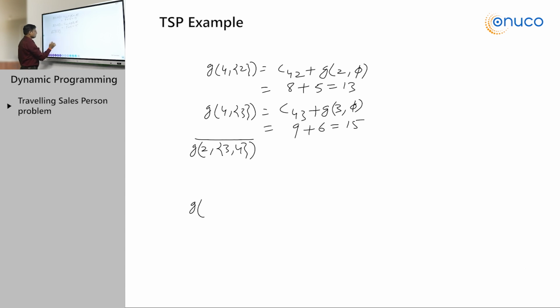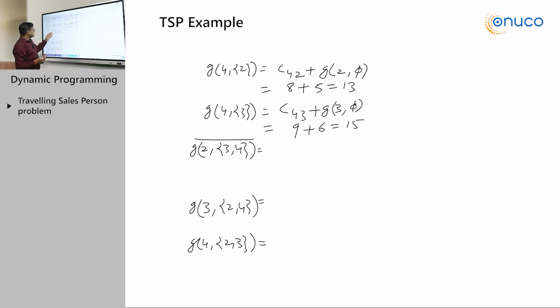I will let you know. Similarly, we are going to find out g of 3, 2, 4 combinations. Right? And one last, we are going to compute g of 4, 2, 3 combinations. So if you do this, we will be getting some values that will give you a little bit of an idea.